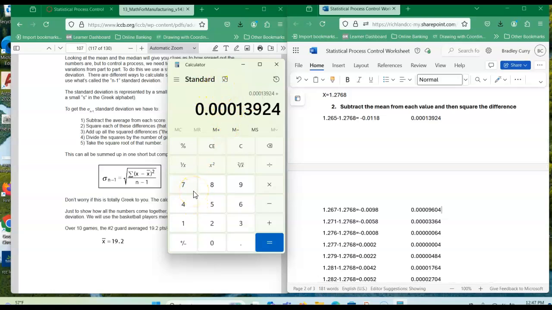So plus 0.00009604. Got to have 4 zeros in there. So make sure that you are paying attention to detail and getting all of the zeros that you need in.